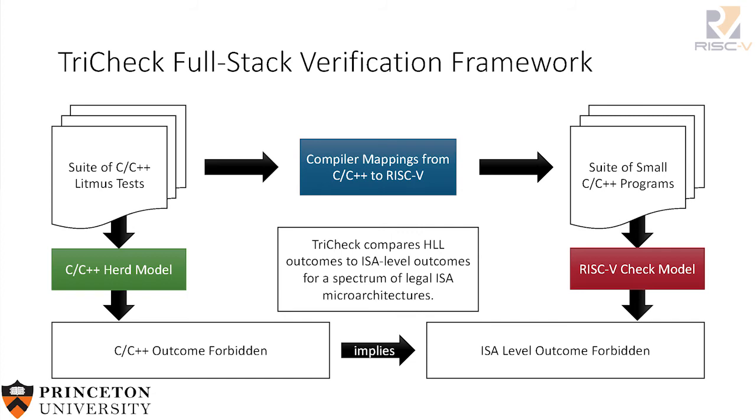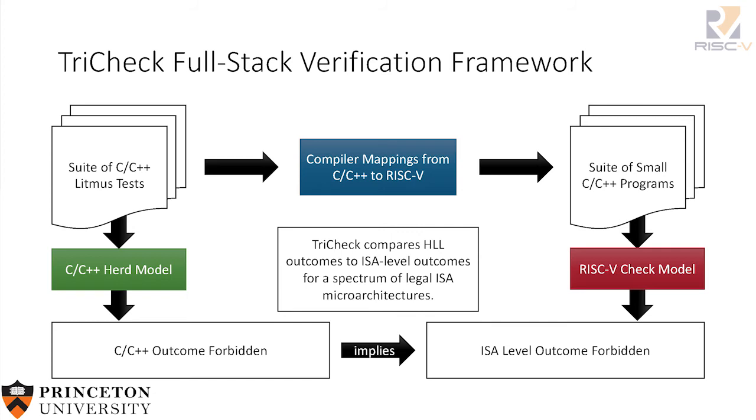So all of those Check tool suites I mentioned earlier, we create various models of RISC-V. You can think of it as a design exploration, from very strict variants that are stricter than what the ISA manual requires to things that are really pushing the envelope. And then we see if the C++ outcomes match the ISA-level outcomes, looking for two main things.